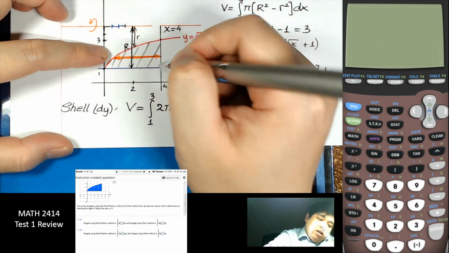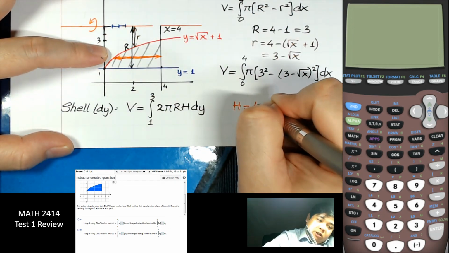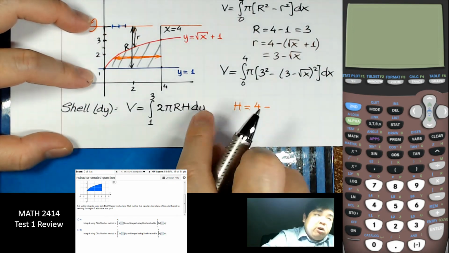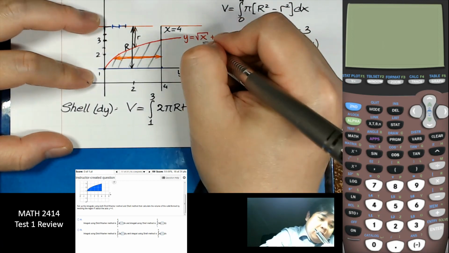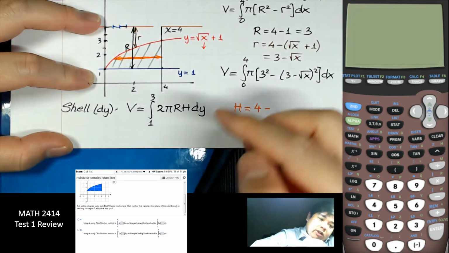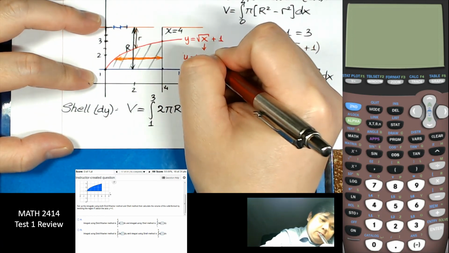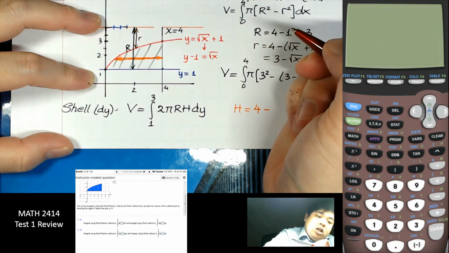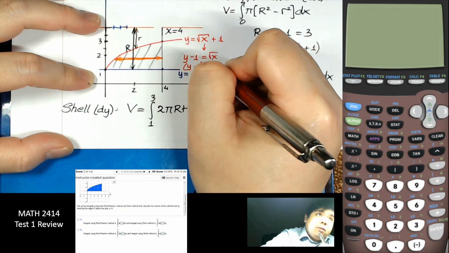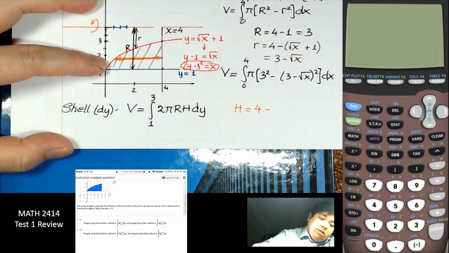The one on the right is going to be 4. The one on the left will be this function, but we have to solve for the function in terms of y. So from here, move the 1 over and square both sides. And this is the function that we use, the function that is on the left.